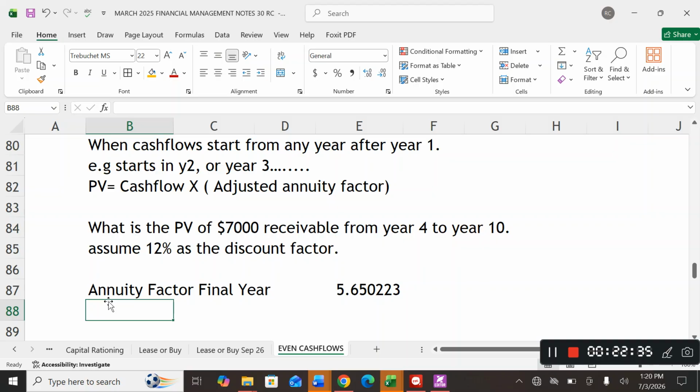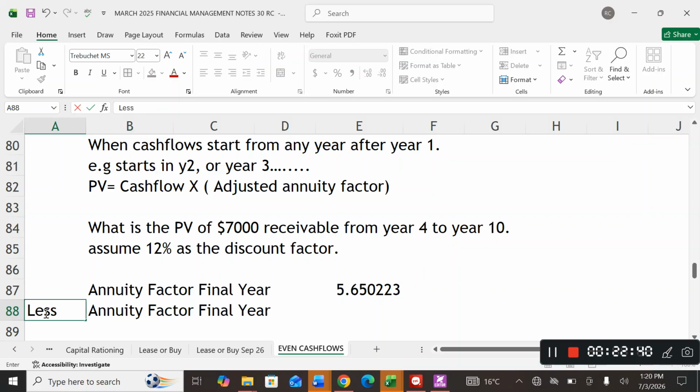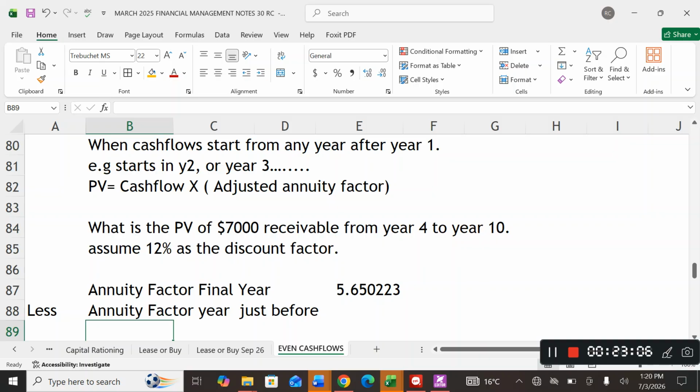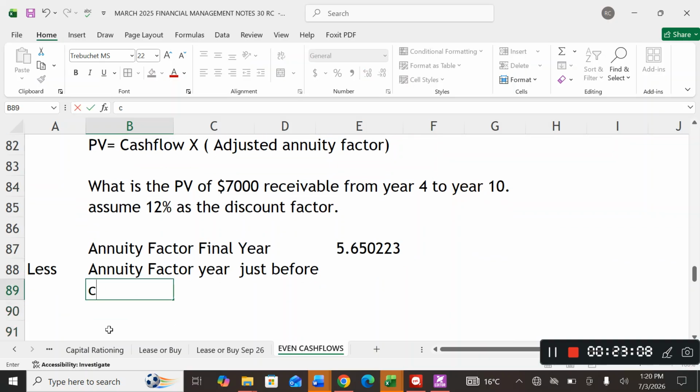But look now, I have to subtract the annuity factor for the year just before cash flows start.